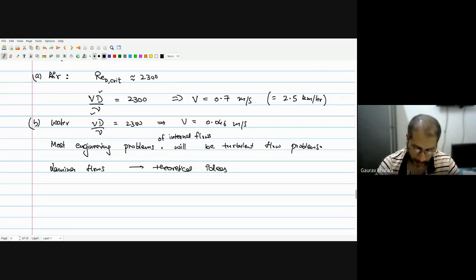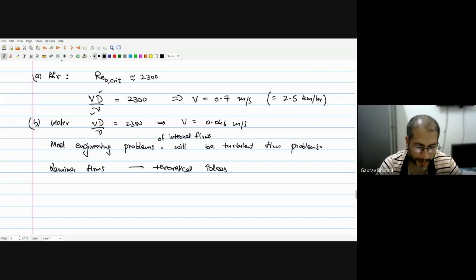Okay, so that will help us start developing the theoretical ideas, and that is not the only case. I mean, the aim here is not to just learn a lot of theory. It's also to be able to apply that to engineering problems. So what happens is in turbulent flows we do a lot of empirical studies. So we develop lots of correlations in turbulent flows, but that motivation of what sort of correlations should be developed, I mean, you will have some Reynolds number to the power something and so on.